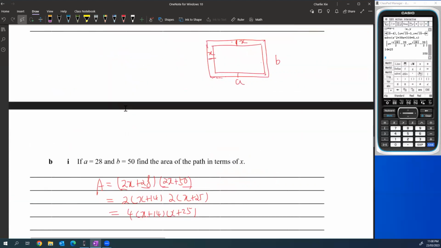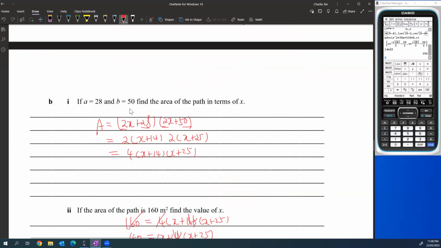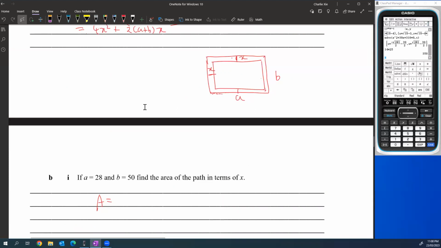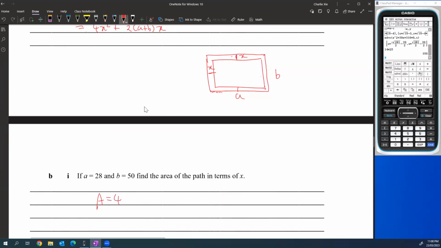All right. Now this one. Let me remove them. So area was 4x squared. Copying from the previous question, 4x squared plus 2 bracket a plus b x.